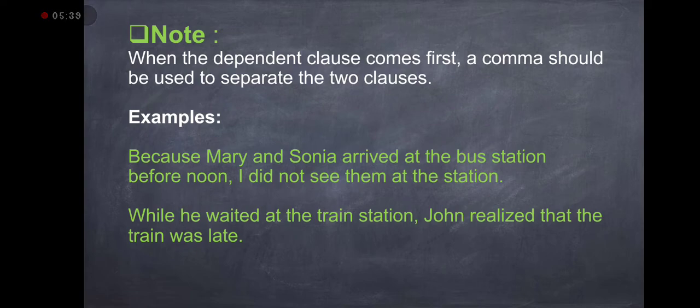For example, because Mary and Sonia arrived at the bus station before noon, I did not see them at the station. So, because is the subordinate conjunction and these two clauses are joined by the comma. While he waited at the train station, John realized that the train was late. Here, John realized that the train was late is the independent part, and while he waited at the train station is the dependent part.